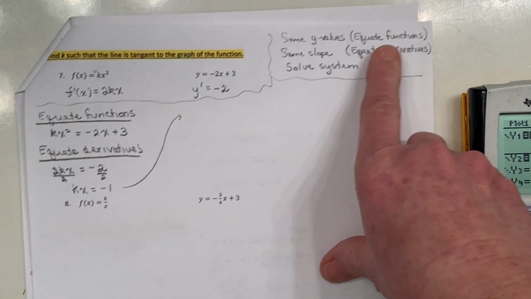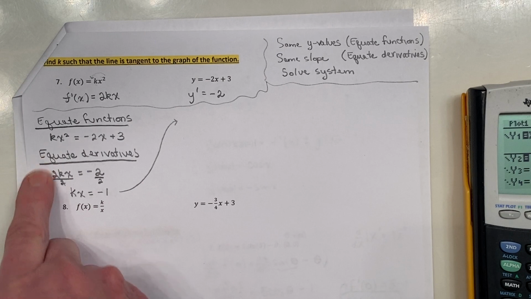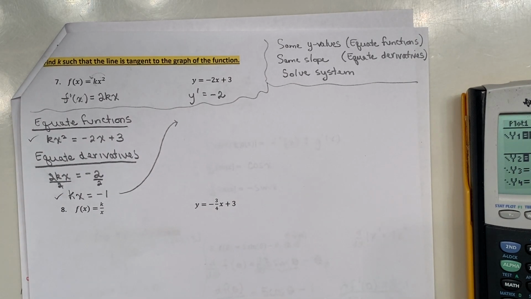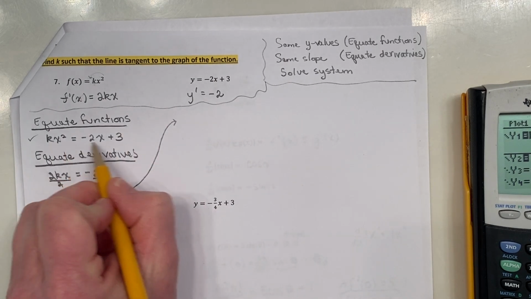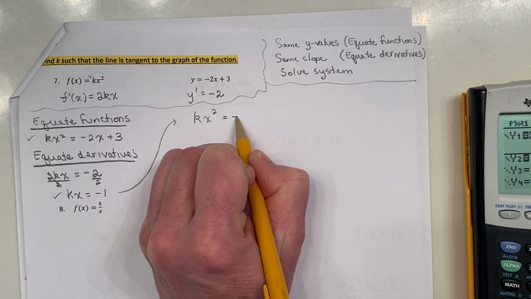All right, so we equated the functions, we equated the derivatives. Now we have two equations. So we want to somehow solve for k. There's probably a few ways that we could proceed. Let me get this equation for the functions over here. So kx squared equals -2x plus 3.